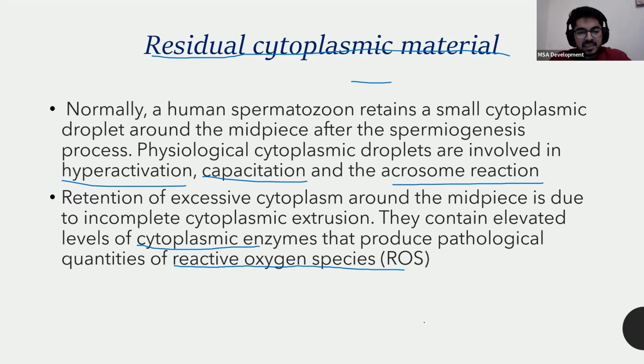But if you don't remember, these are very dangerous molecules that cause damage to multiple cell organelles, including the DNA, mitochondria, and other structures. So you really don't want them to be produced. But if you have an excess of cytoplasm, these cytoplasmic enzymes are going to produce a lot of reactive oxygen species and be harmful to the cell. Okay?